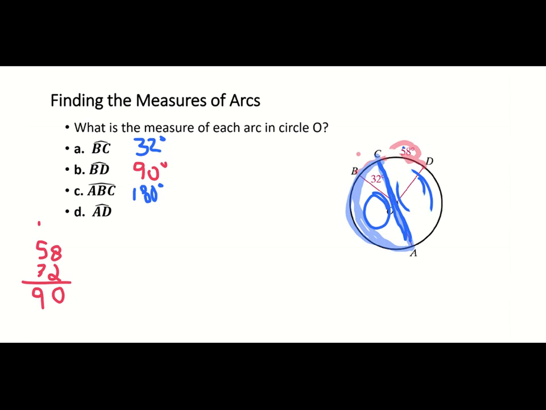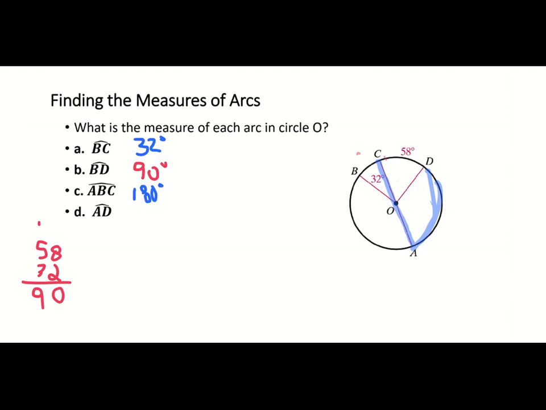Next we need to find AD, which is right here. And again, I know CD is 58. This is a diameter of my circle, so that divides the circle into two equal parts, 180 degrees.